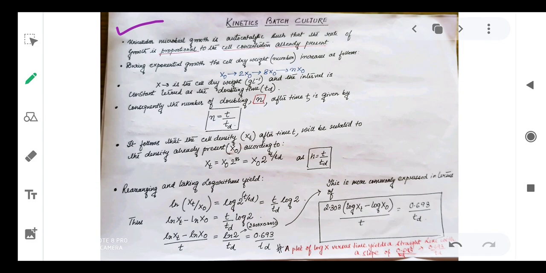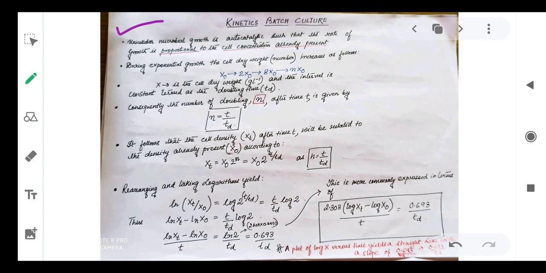There is no exchange of energy or mass with the system. You have taken one conical flask, you have added a medium, microorganism, stoppered it. That's it. So the organism is growing over there and it is utilizing the medium and finishing off the medium. So this is about a closed system of bacterial growth, bacterial culture. So that is basically a batch culture.